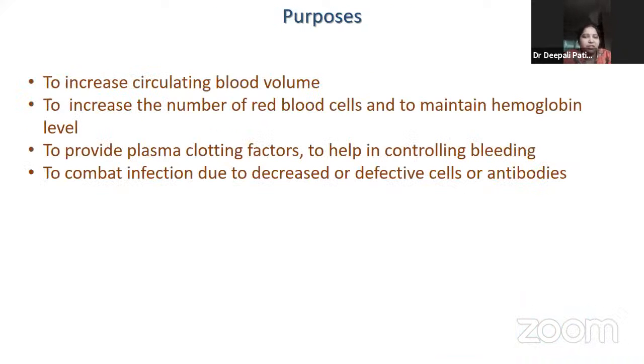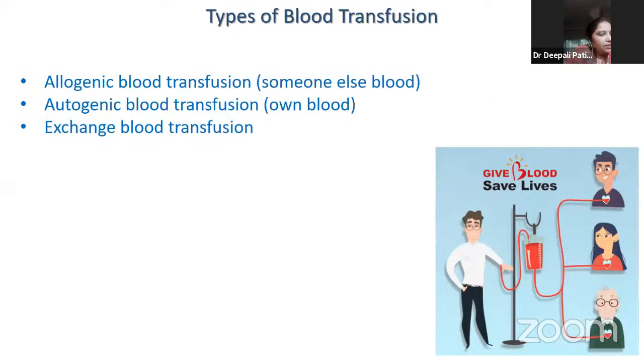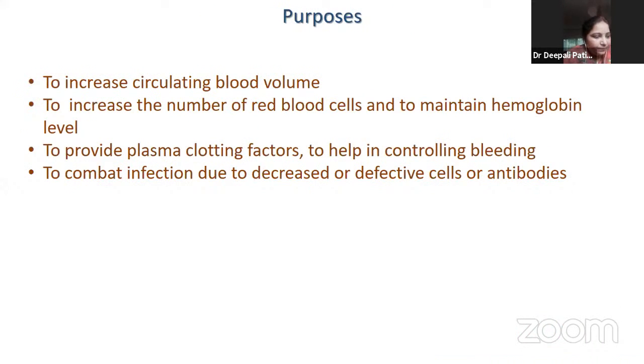And third is the exchange blood transfusion. This is a medical procedure in which the blood is removed and replaced with plasma or donor blood. This is done via a catheter. This procedure is done to save the life of an adult or child who has life-threatening blood abnormalities such as sickle cell anemia.